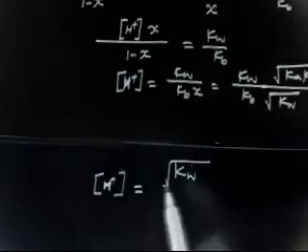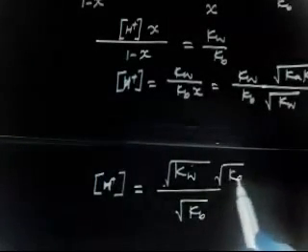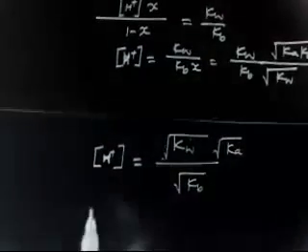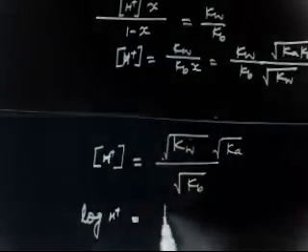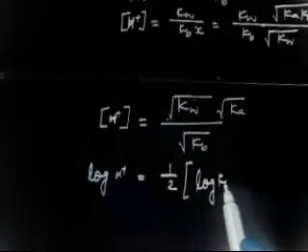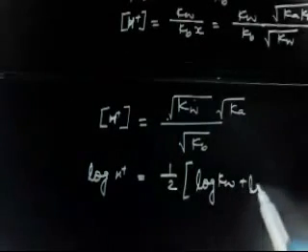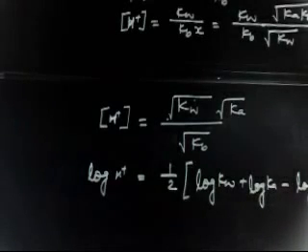Kb goes, so we will have under root Kb in the denominator. We will have Ka in the numerator. If you take log on both sides, we will have log H plus equals 1 by 2 log Kw plus log Ka minus log Kb.